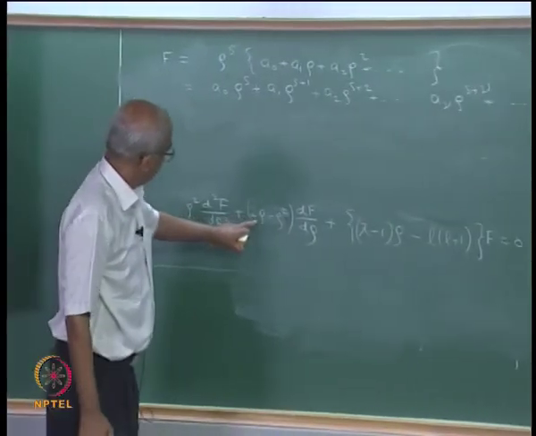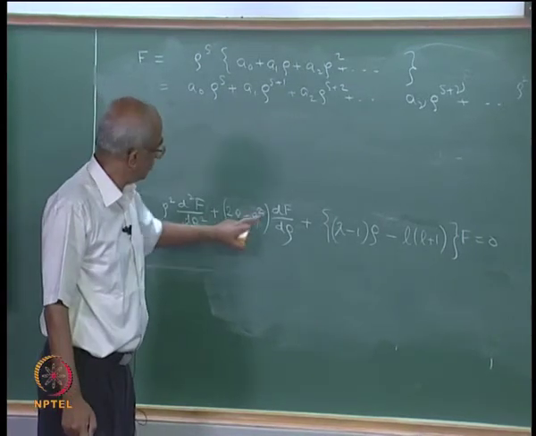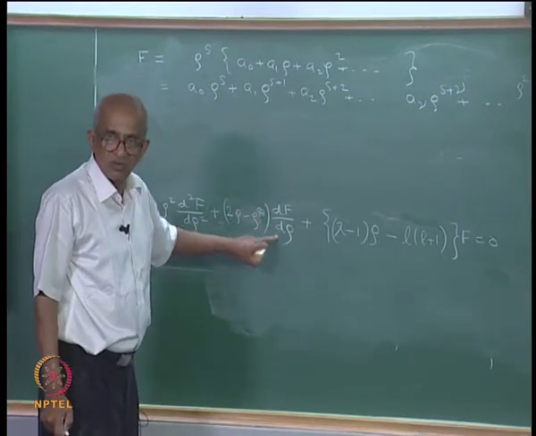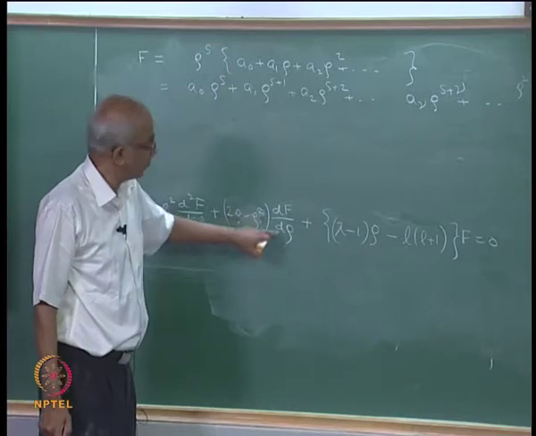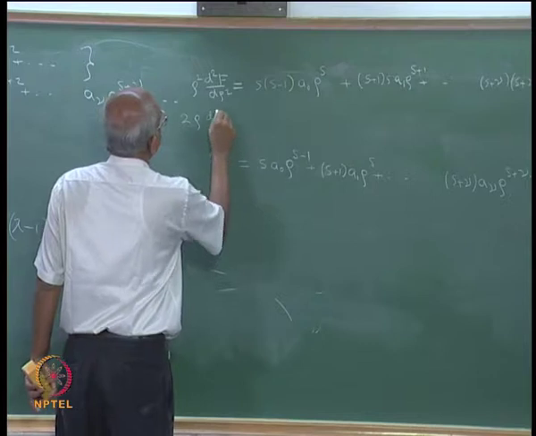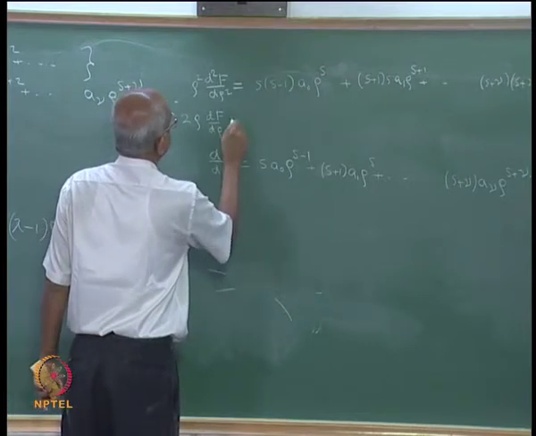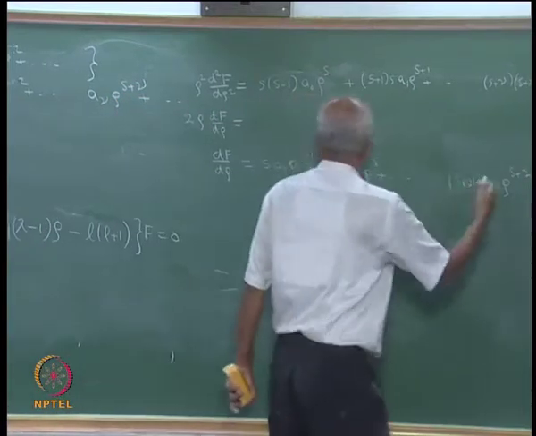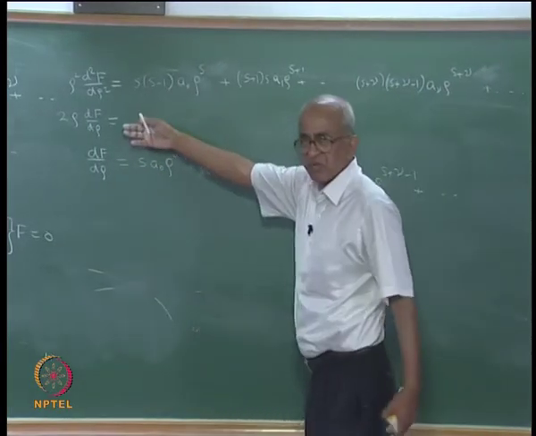Then I will need this term 2 rho into df by d rho, right. So, let me write that 2 rho into df by d rho would be how much? You just have to take this expression which is df by d rho and multiply it by 2 rho.